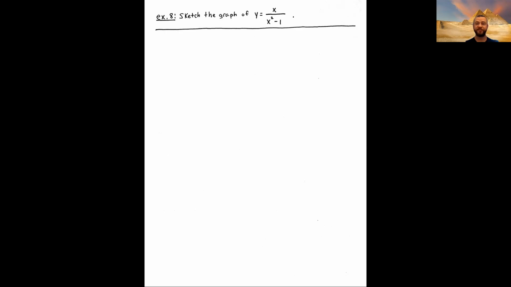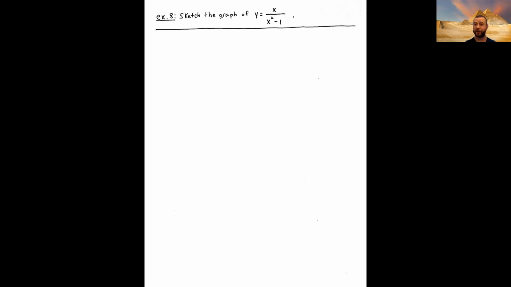The big difference with this example compared to the last one is since we now have a fraction, there is the possibility for division by 0. Start off by looking for the domain of this function, and that'll likely guide you through the rest of the problem. One small point to mention: most examples, when we were creating our sine charts for the first and second derivative, most of those functions had domains that were all real numbers.